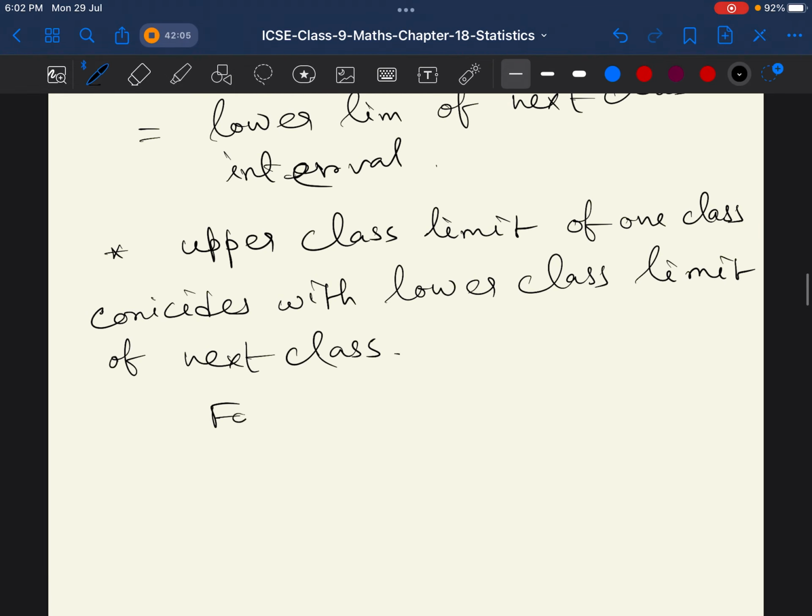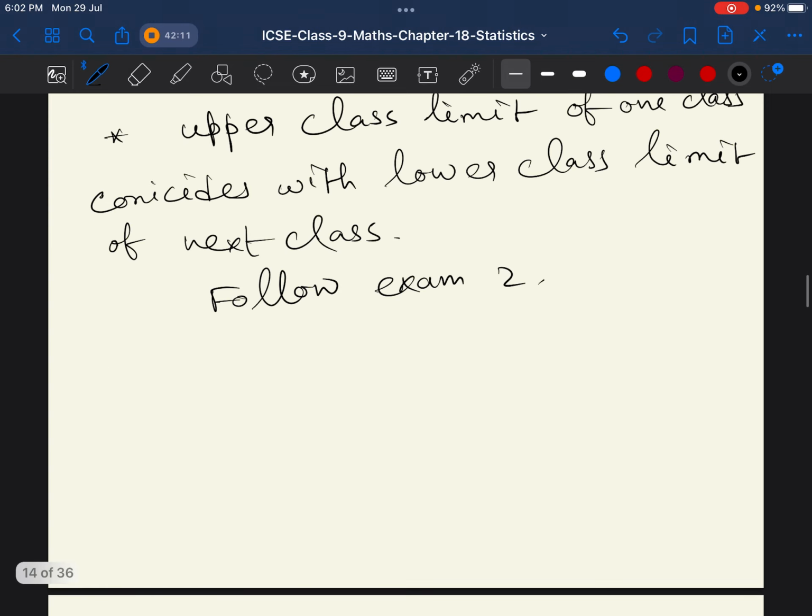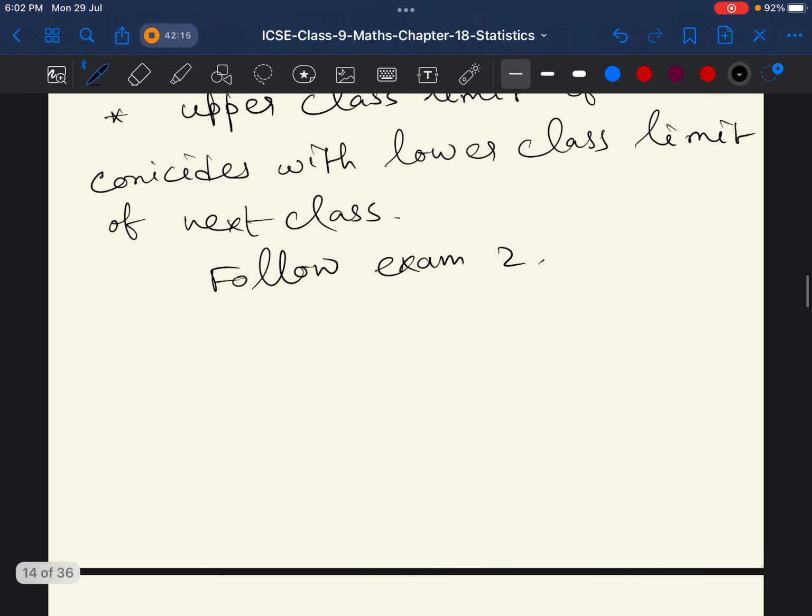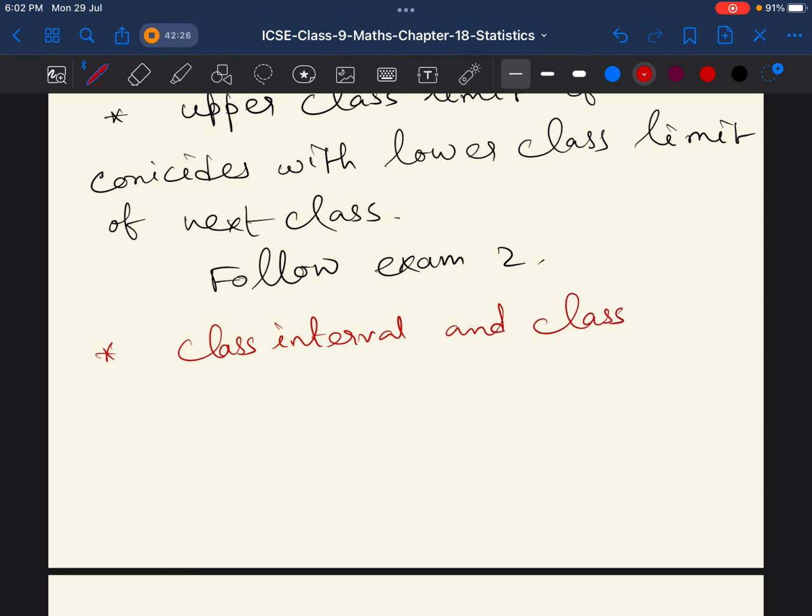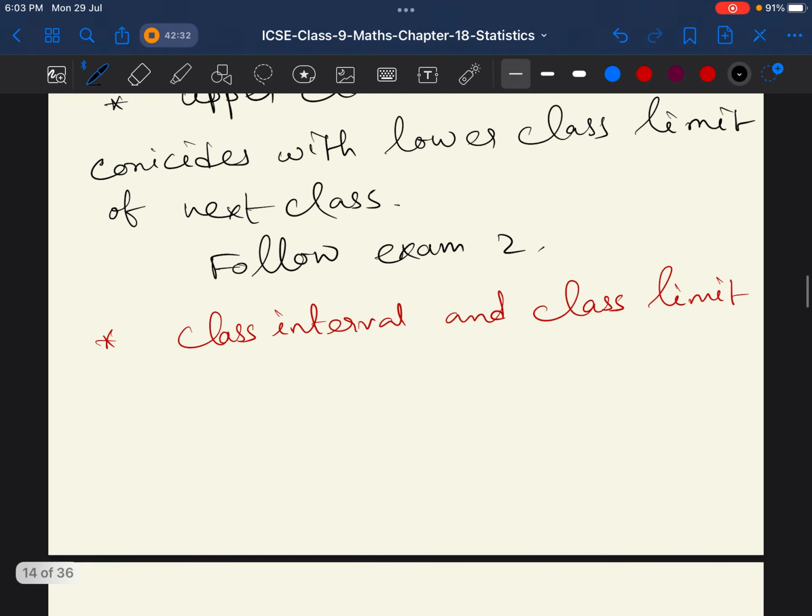So follow example 2. Now we will see class interval and class limit. So what is class interval?